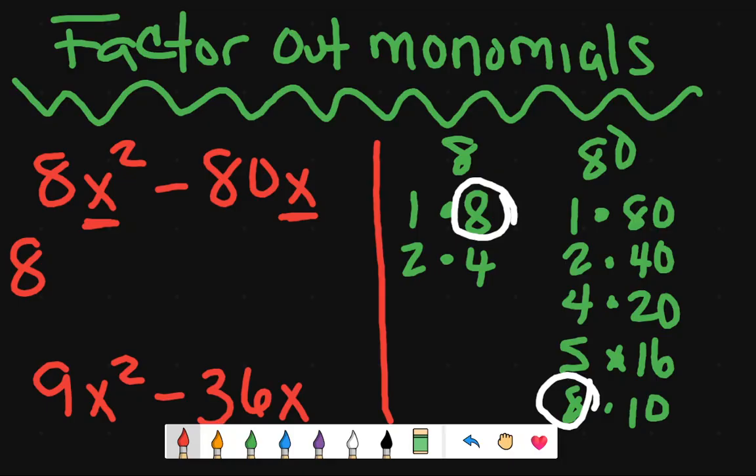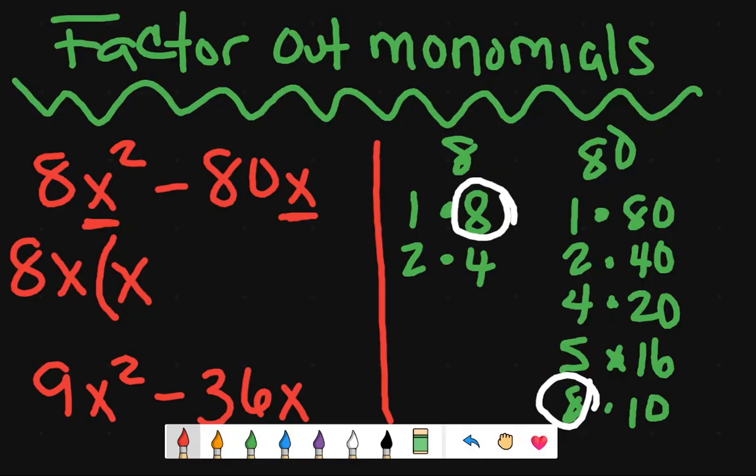So it will be 8x, and we're going to factor out the 8x. Then we're going to put parentheses in. Now what times 8x would give you 8x squared? Think about it. If you said x, 8x times x would give you 8x squared, you would be correct.